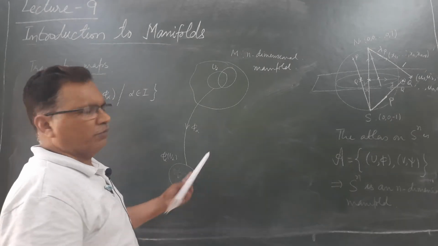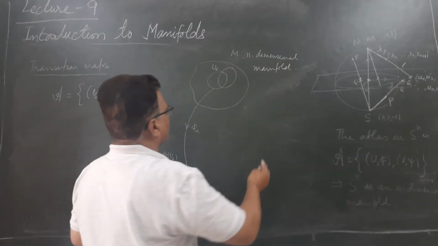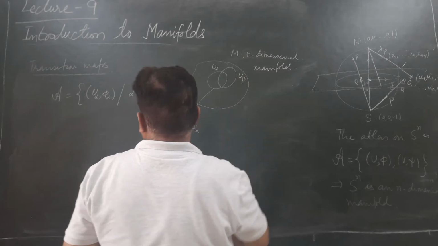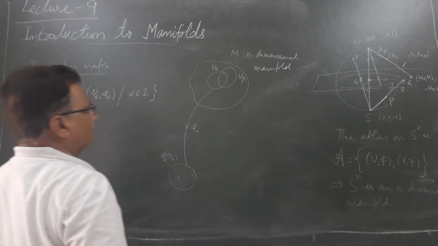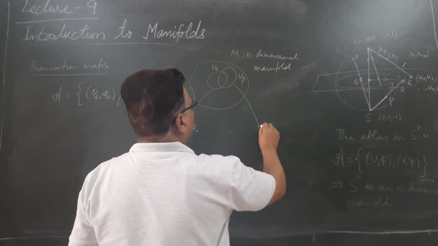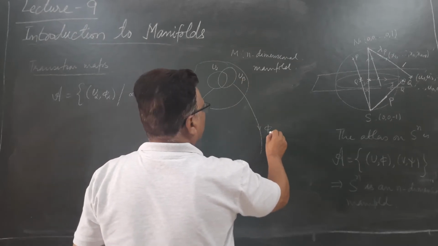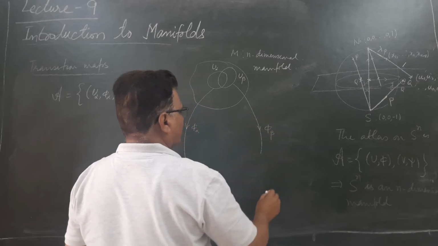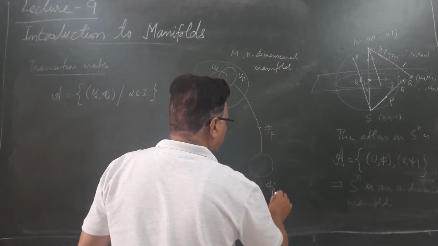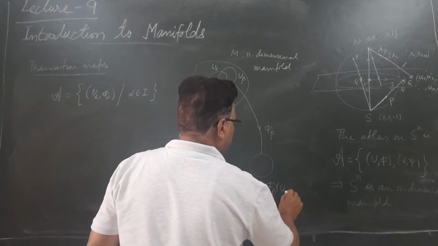So suppose this is one U beta from the same collection, which is homeomorphic to another open set under the homeomorphism phi beta.